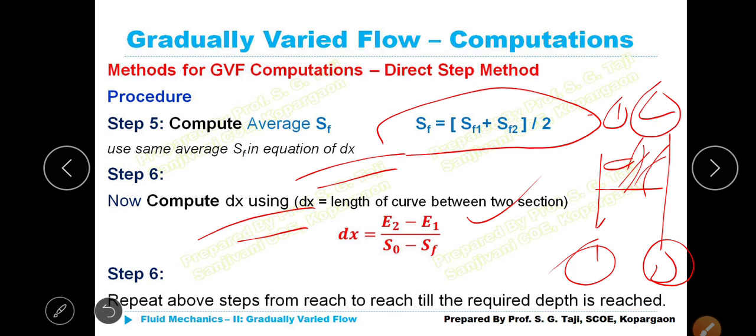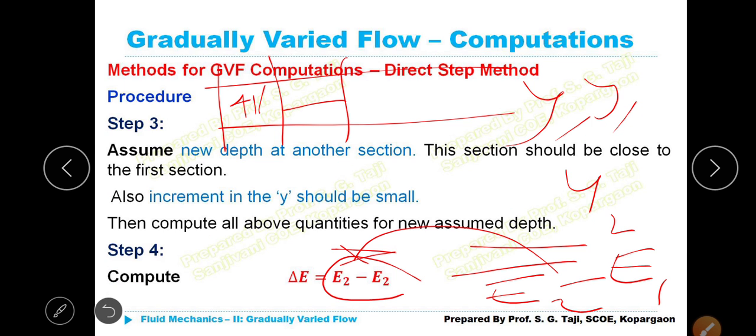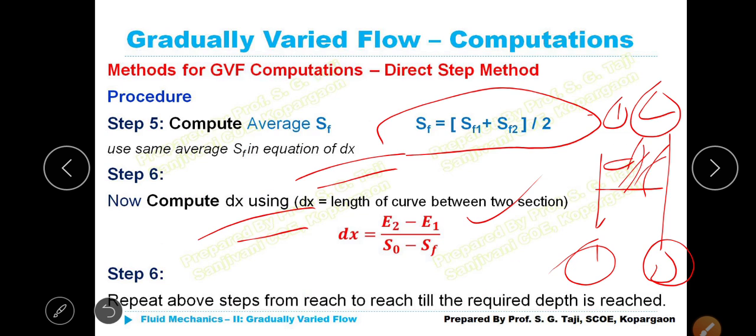So here it has been written correctly, is it not? In the previous case, instead of E1 it was E2. Now it has been corrected in this slide. dx is equal to E2 minus E1 divided by S0 minus Sf. Step 7. Repeat the above steps from reach to reach till the required depth is reached. That's all.